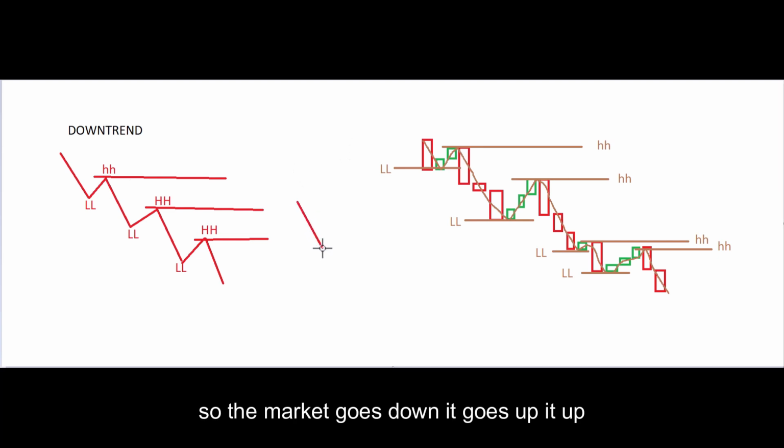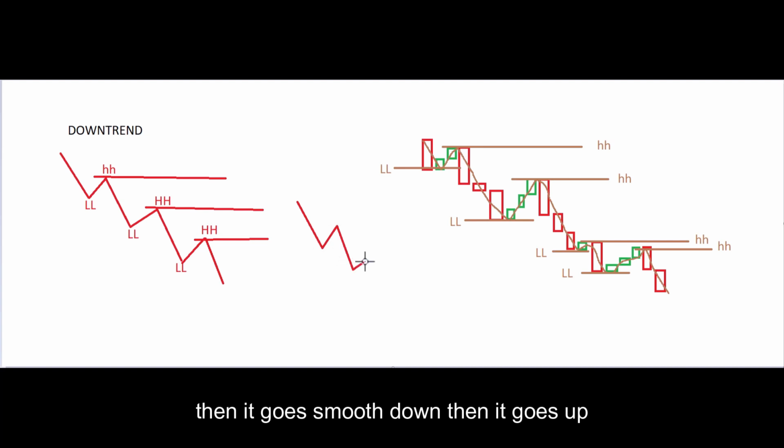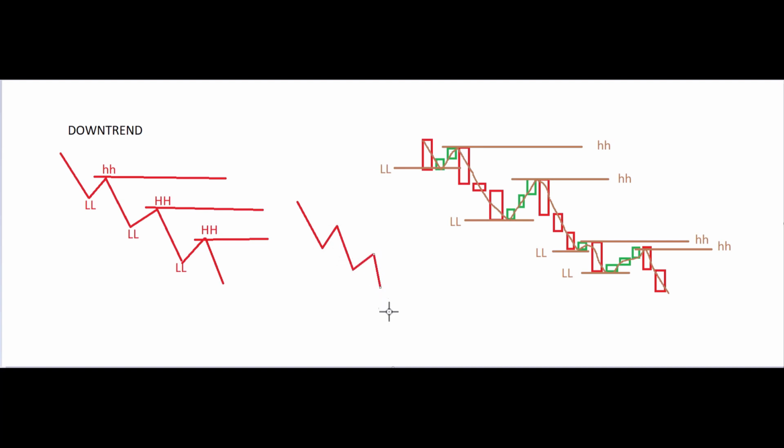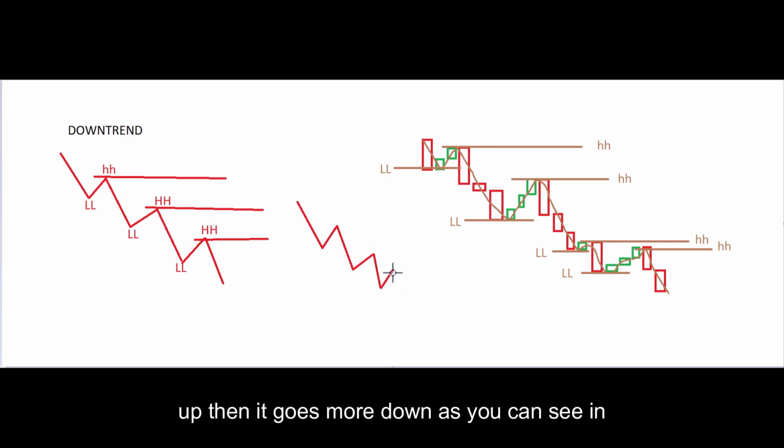The market goes down, it goes a bit up, then it goes more down, then it goes up, then it goes more down, then it goes a bit up, then it goes more down. As you can see, in a downtrend, the market creates new and new lower lows.